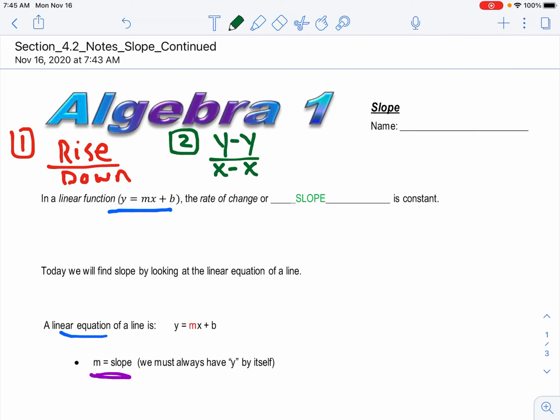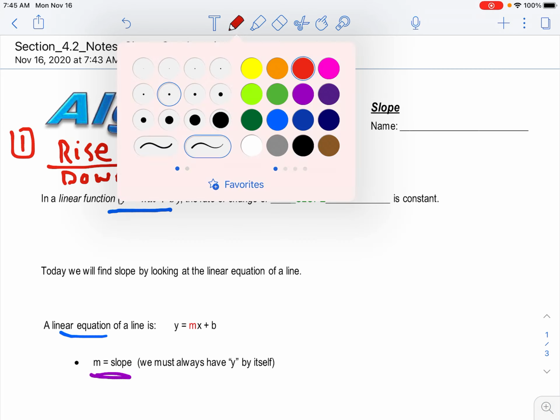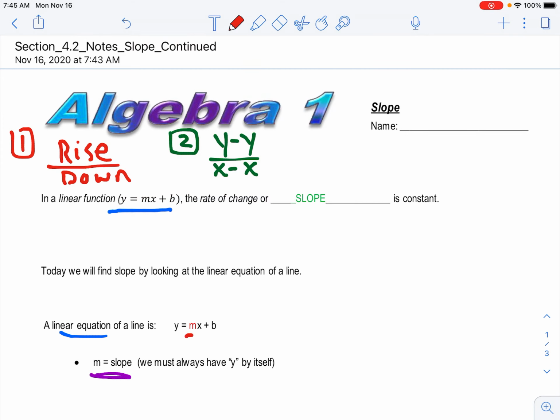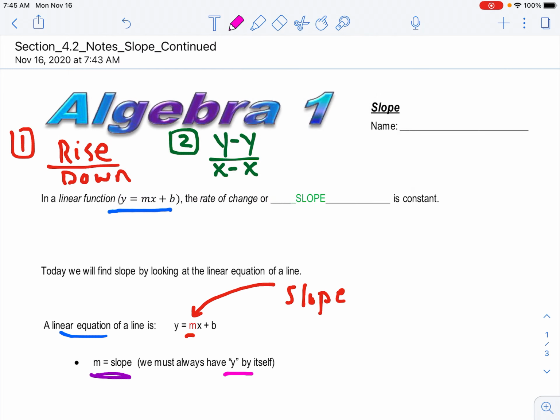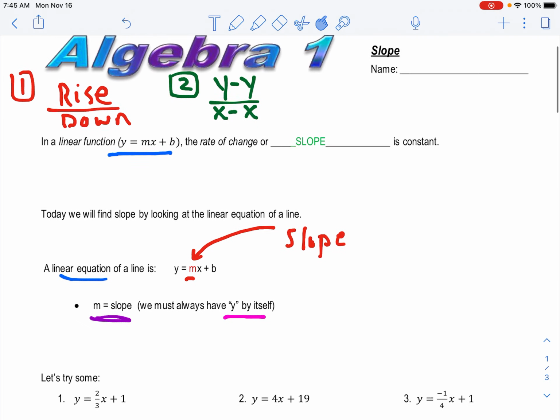So if y is by itself, we're going to take the number that's in the spot of the m, and that is our slope. It's the m. Now, we can only tell slope if y is by itself. All right, so let's go down and look at some.